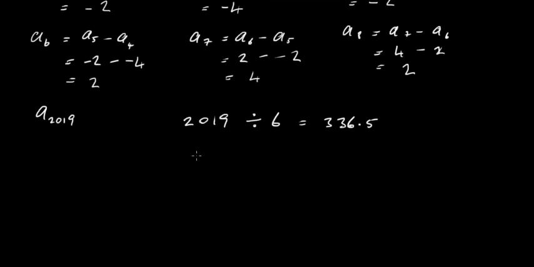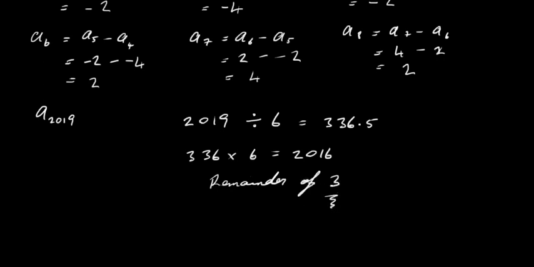Now, if we take 336 and multiply it by 6, let me just do that quickly. Grab my calculator. 336 multiplied by 6 will give us 2016. So that means we're going to end up with a remainder of 3.